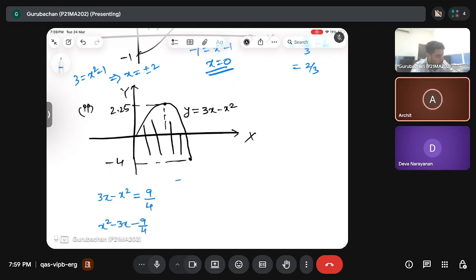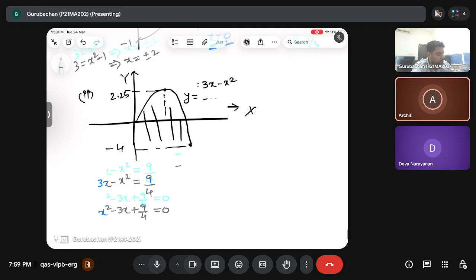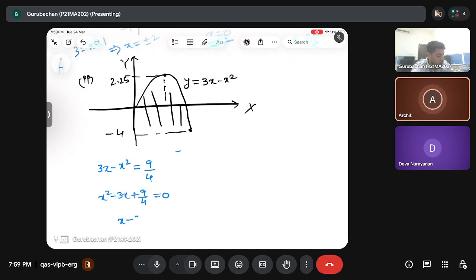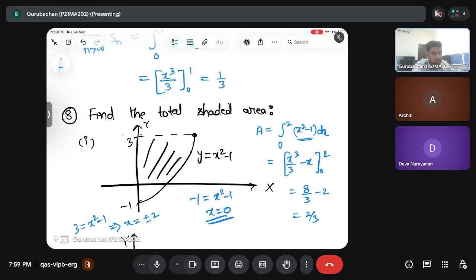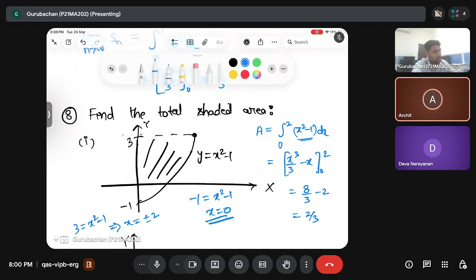Sir, you have asked about the shaded region. Yes. Don't tell me you are excluding this one. Archit, your internet is weak, I guess.